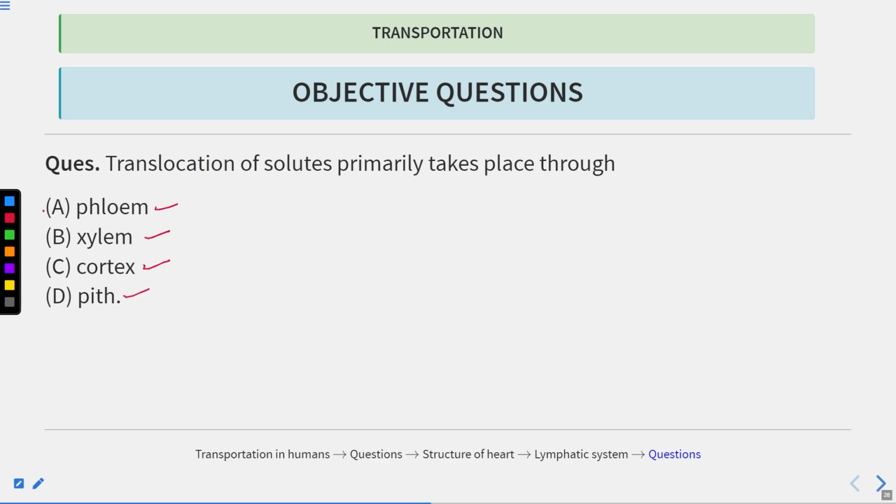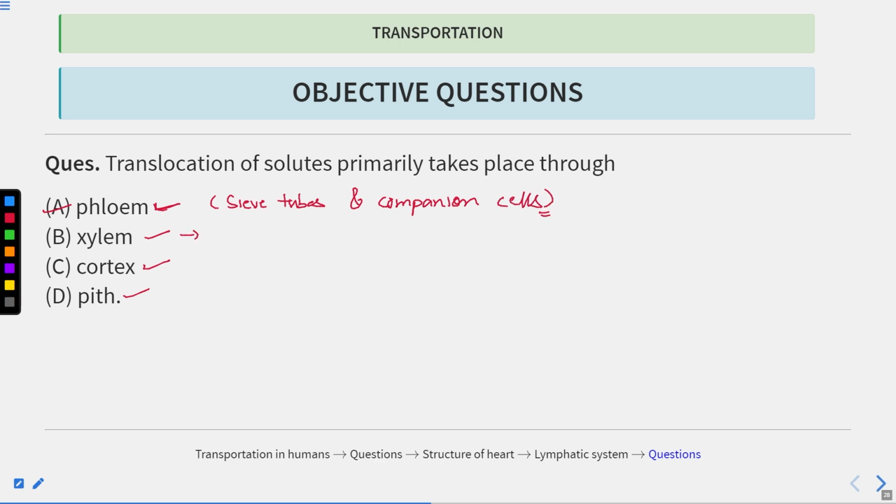So I've already given you the answer. Phloem is the correct answer here. The phloem is made up of sieve tubes, companion cells, phloem fibers, and phloem parenchyma. Basically, the sieve tubes as well as the companion cells are involved in the translocation of the solutes.